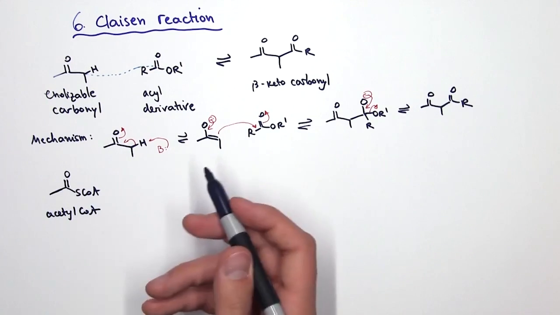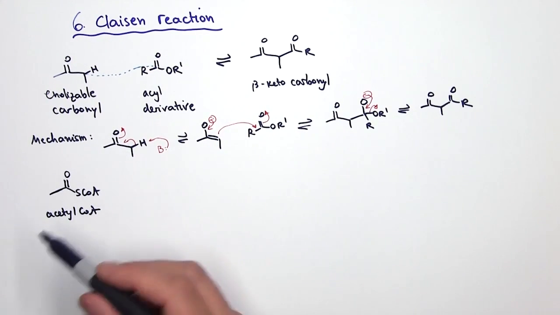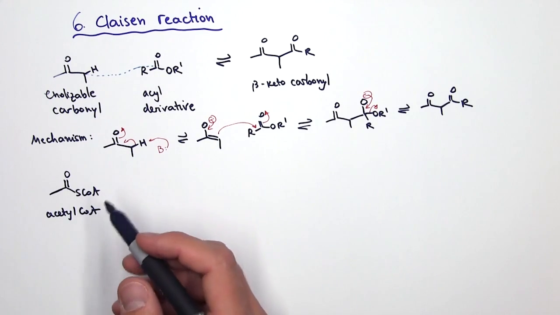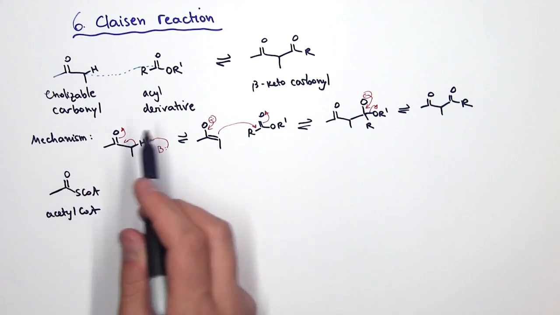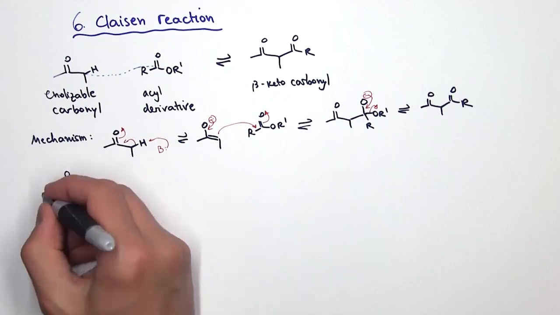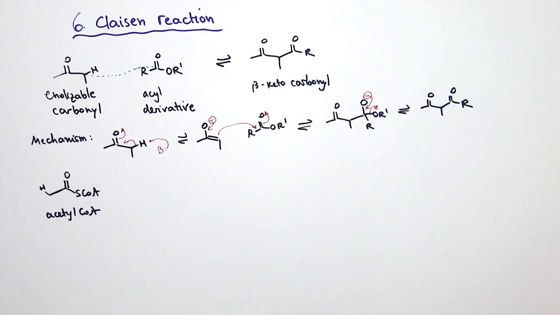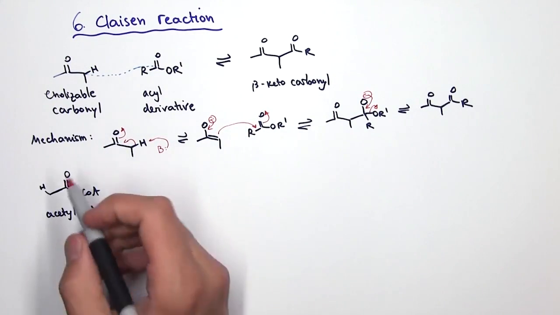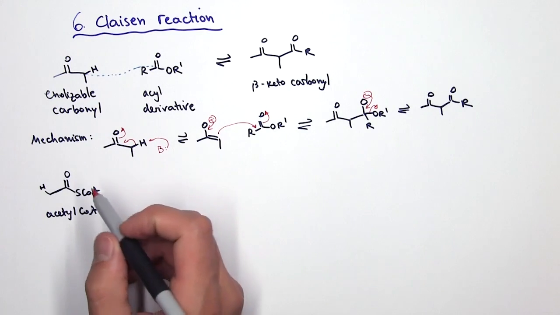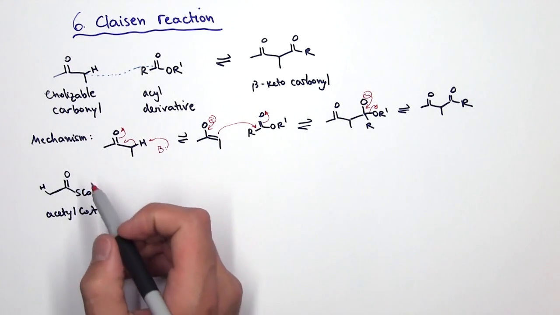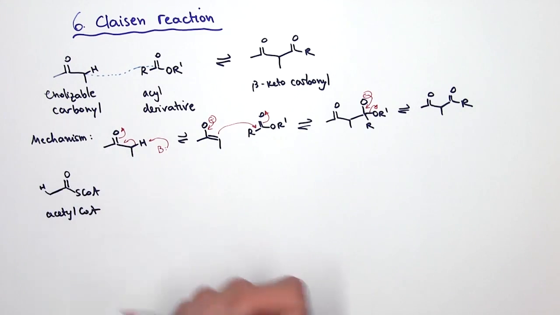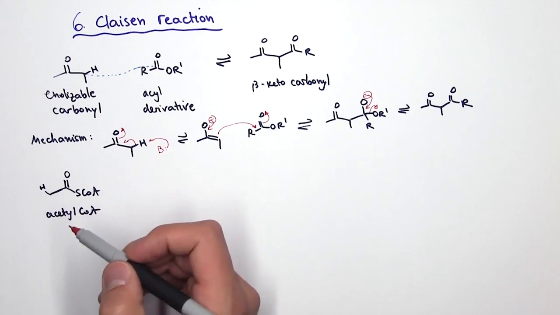Acetyl-CoA can undergo a Claisen reaction with itself, and therefore acts both as an enolizable carbonyl and as an acyl derivative. From when we were talking about thioesters, because of their limited conjugation with the carbonyl, they are very reactive, and they allow the formation of the enolate.